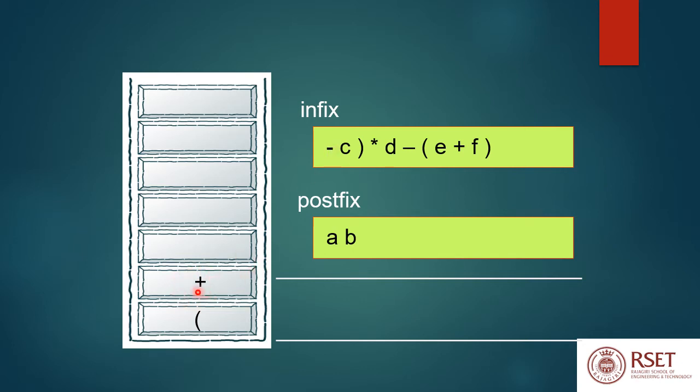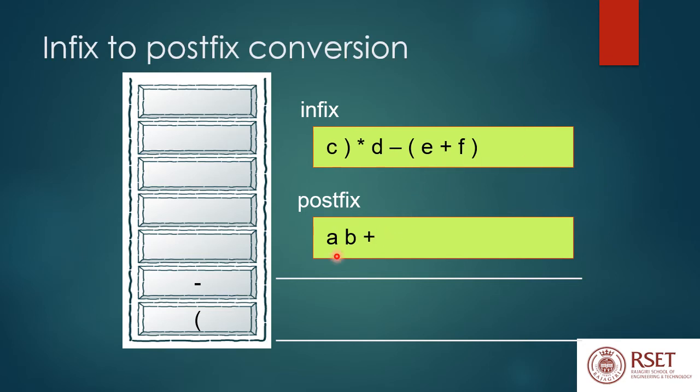What should you do? You pop this plus out and place it in the postfix. Again, you check whether there is any other operator with equal or greater precedence. If everything is fine, then minus gets inside. Within a split second, everything happens: plus moved out and minus got in.